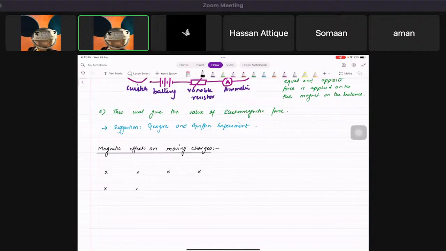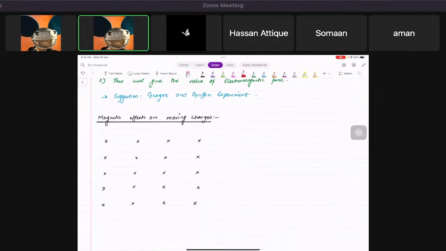Just imagine this. Like I said, across means into the page, so this is the field of infinite nature. Now let's assume that a positive charge, it could be really anything, maybe an alpha particle.